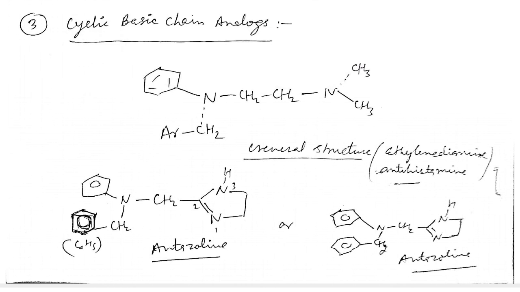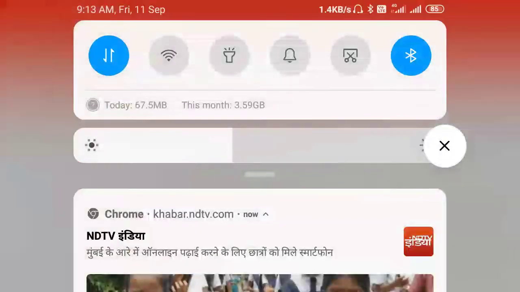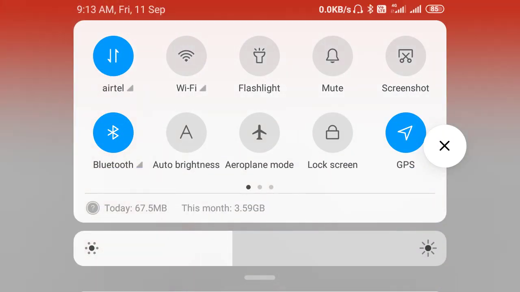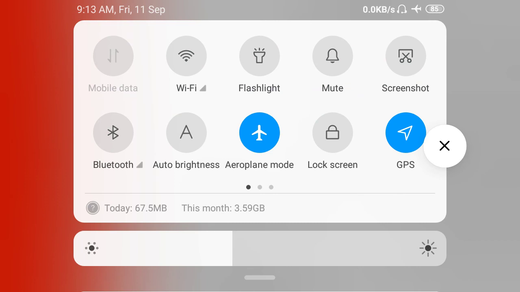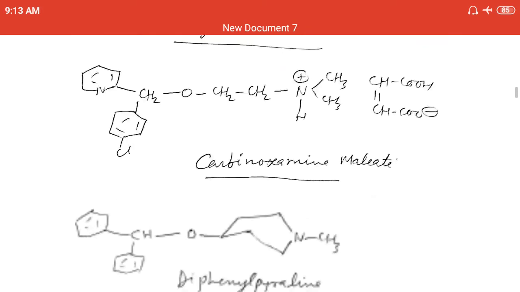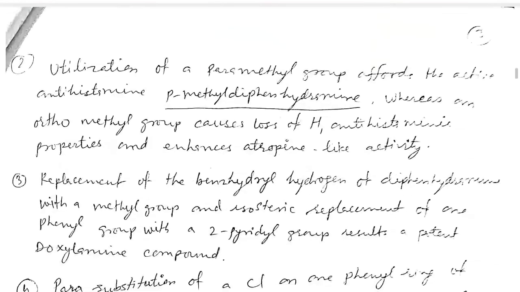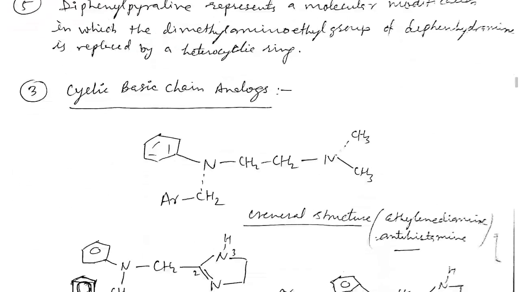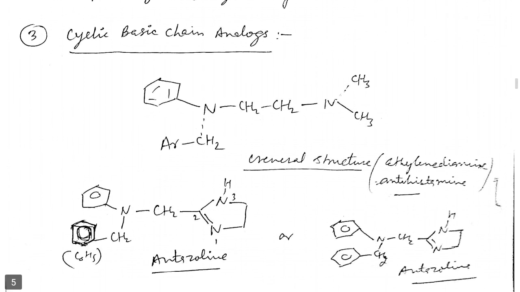Cyclic basic chain analog, that is what we are going to discuss today. So, what is the meaning of the cyclic basic chain analog? It's a very simple meaning that a cyclic ring is present as a basic nucleus.